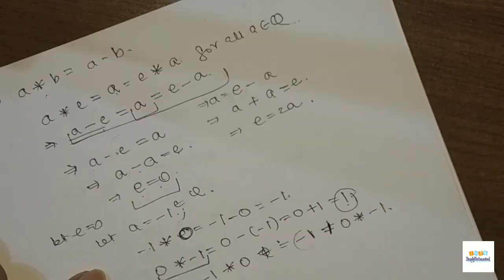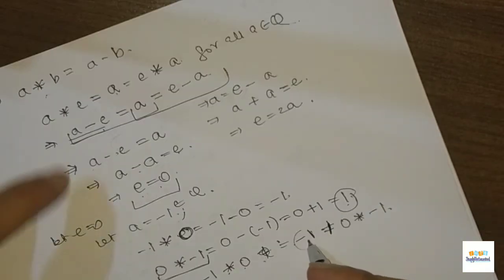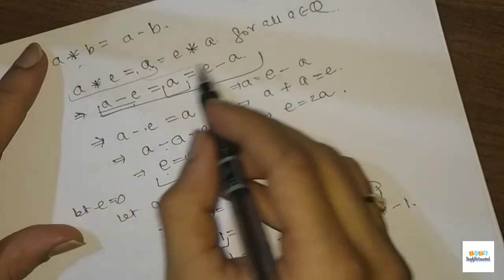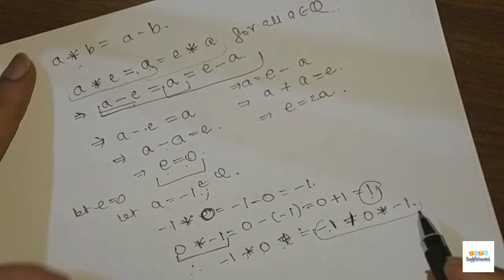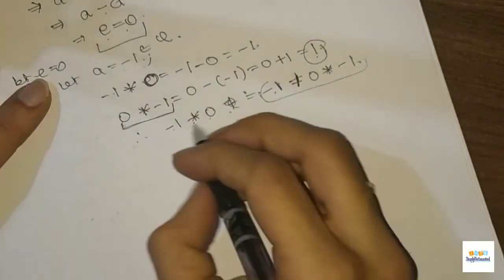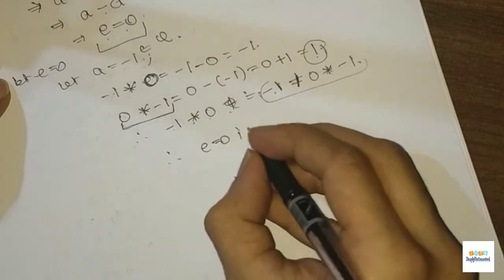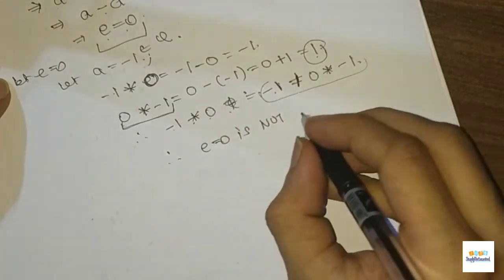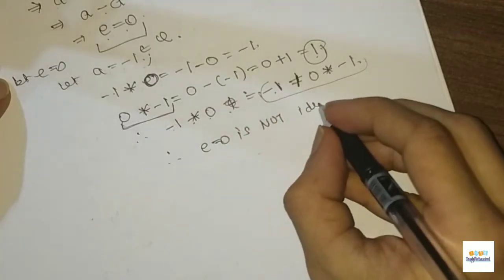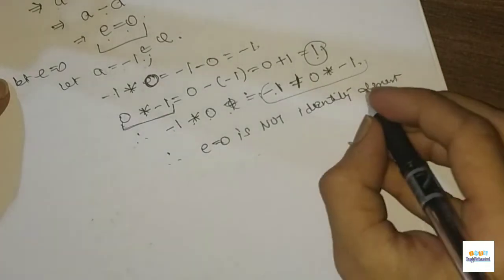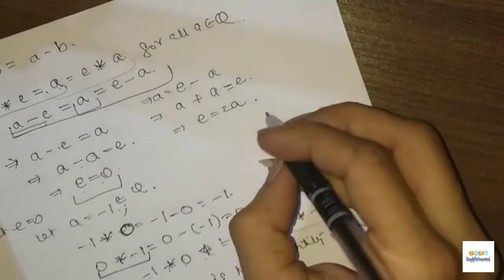So this condition -1 star 0 is equal to -1 is satisfied, but the second one is not satisfied. Therefore e equal to 0 is not an identity element.